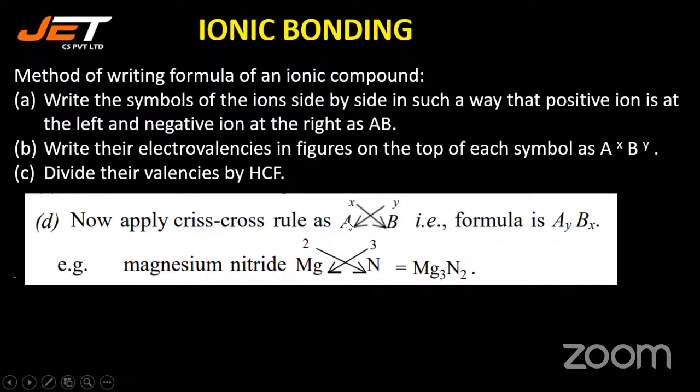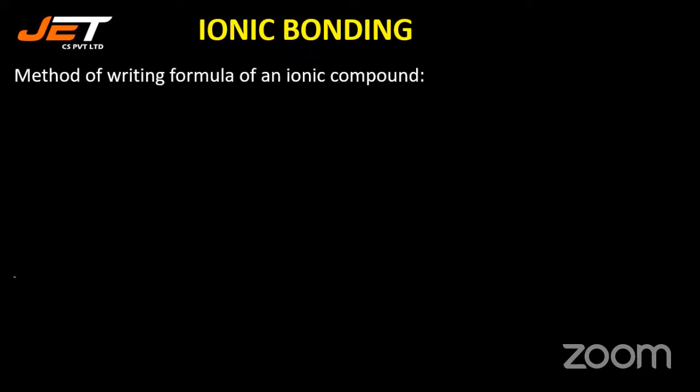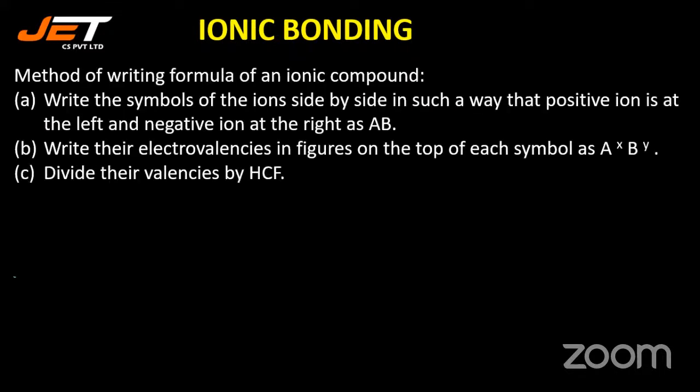Now you know which is the positive ion and which is the negative ion, because of the periodic table. Then write their valencies. This valency will go here, and this valency will go here. If these two valencies are divisible by each other, you follow accordingly. So this is the basic method for writing an ionic compound.